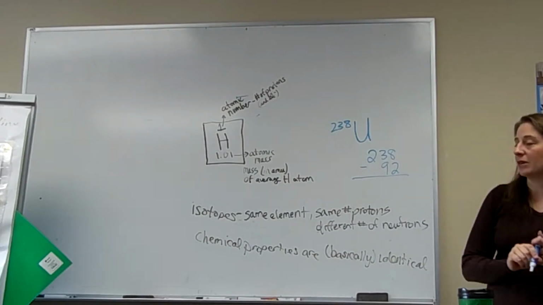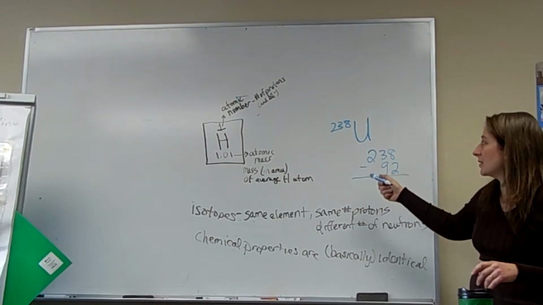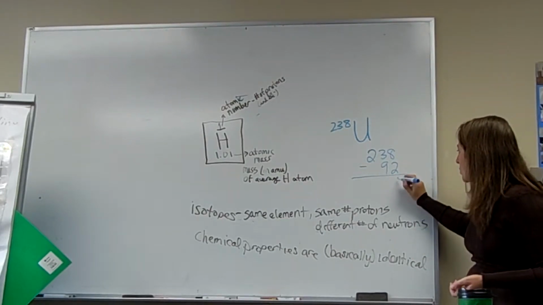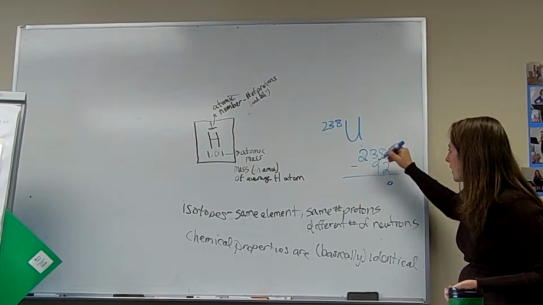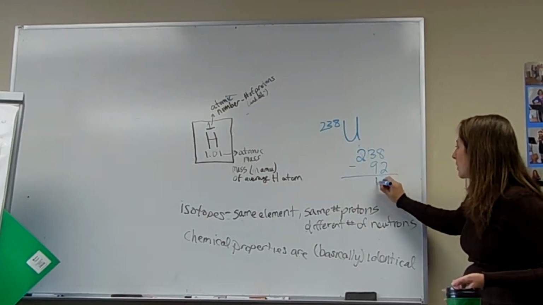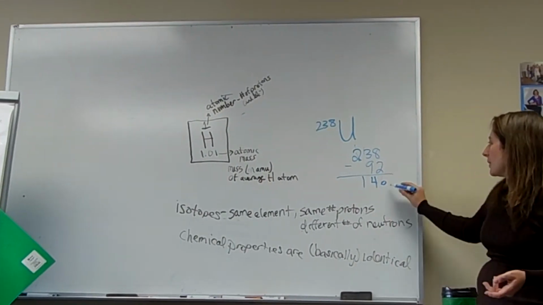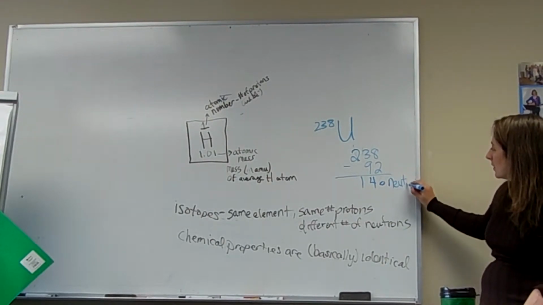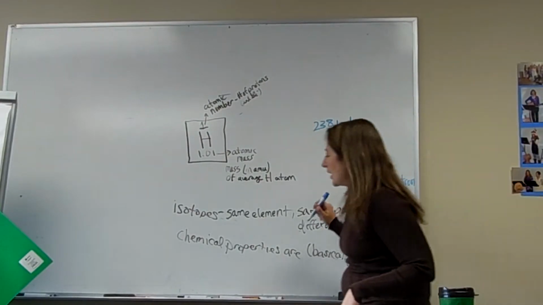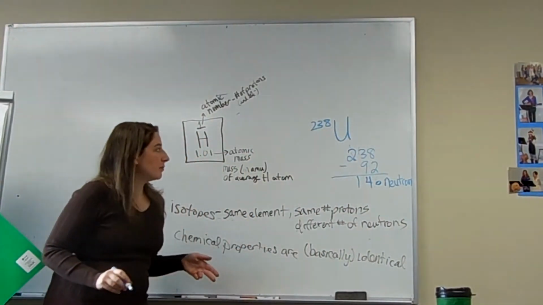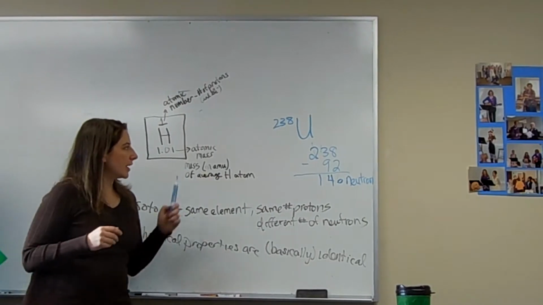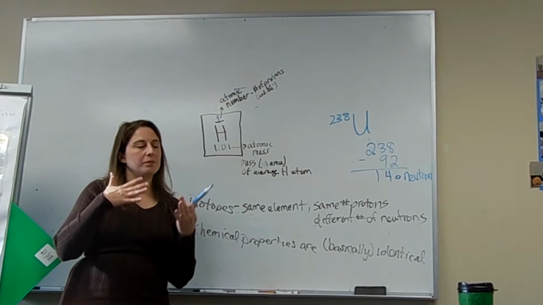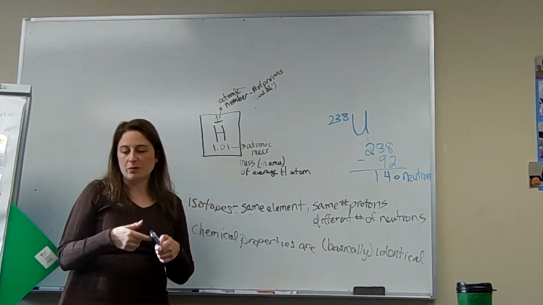Everything else in the nucleus would be a neutron because electrons aren't in the nucleus, right? So 8 minus 2 is 6. 13 minus 9 is 4, yes? Okay, so that means we've got 146 neutrons in this nucleus.